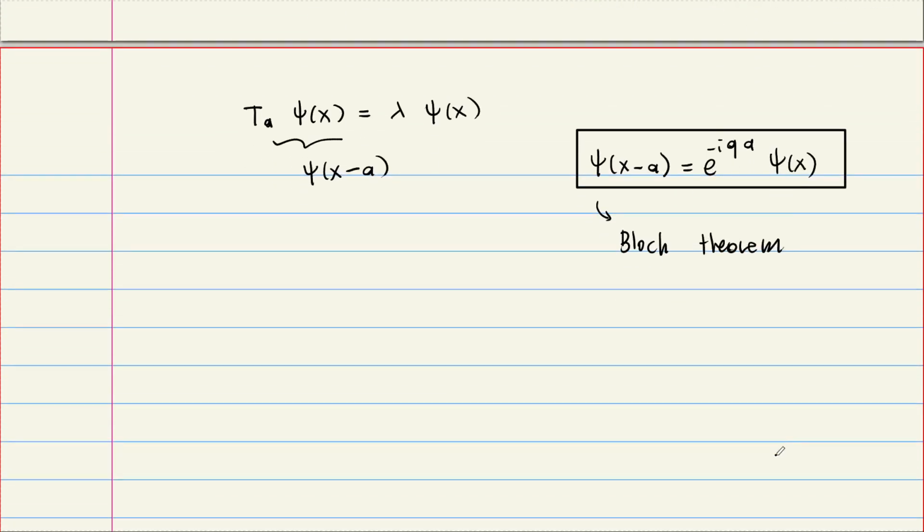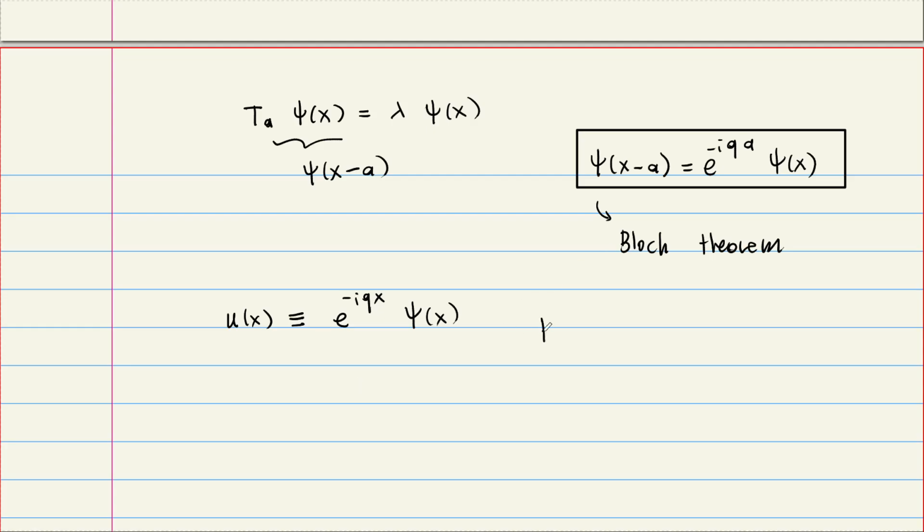Sometimes we also use Bloch theorem in a different version. Let me also show you how to get that. Let's define a function u of x. This is the definition of u, and I want to see the properties of this function. The definition is e to the minus i q x ψ of x.